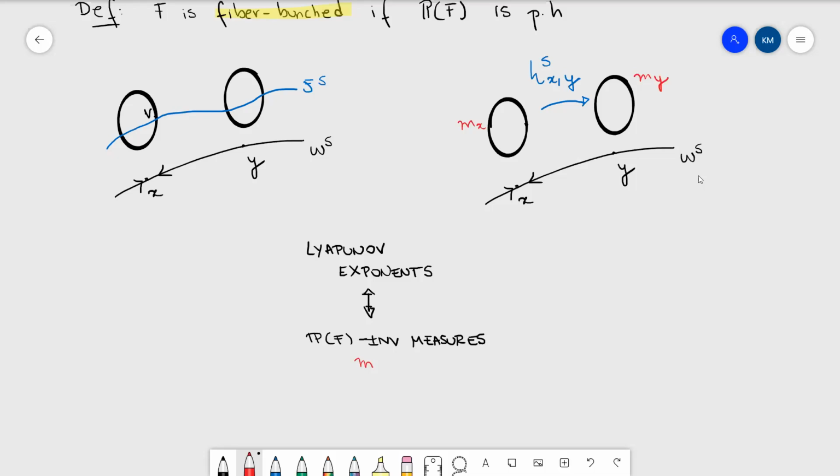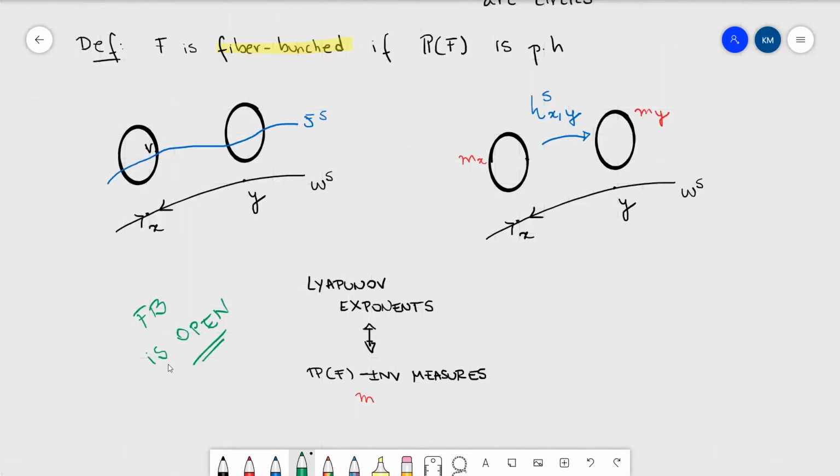And they have a very important property that I'm going to write here. Fiber bunching is open. So if I have a linear cocycle that is close to my fiber bunched cocycle, it's going to also be fiber bunched. By the definition, it's clear that for linear cocycles that are close, we have holonomies that are close.